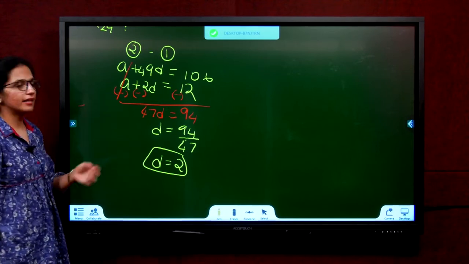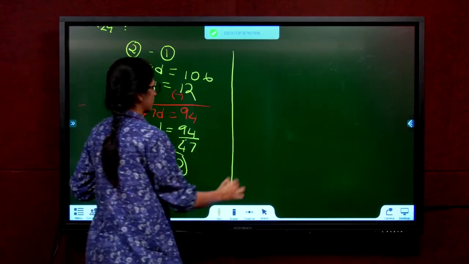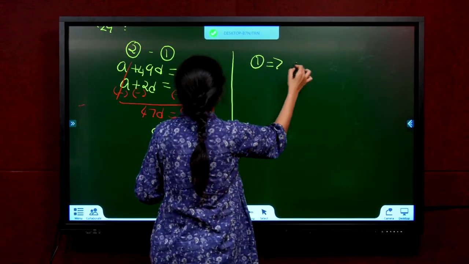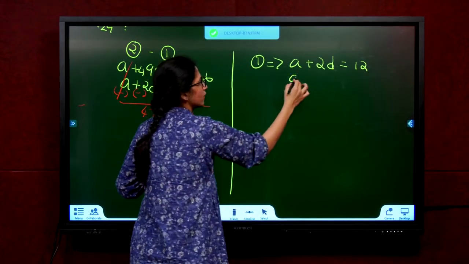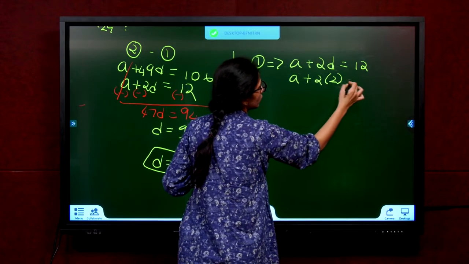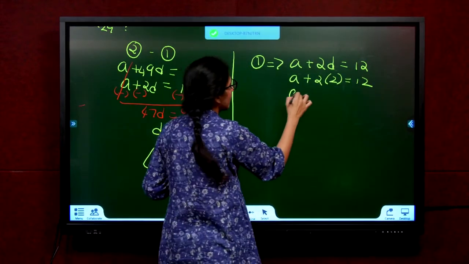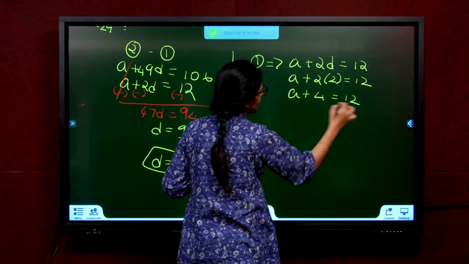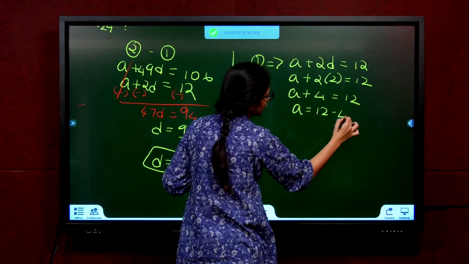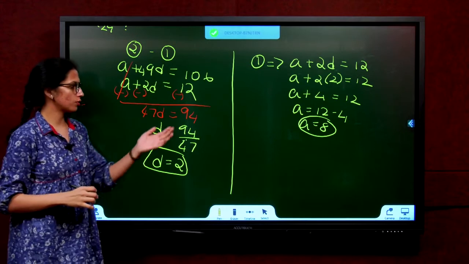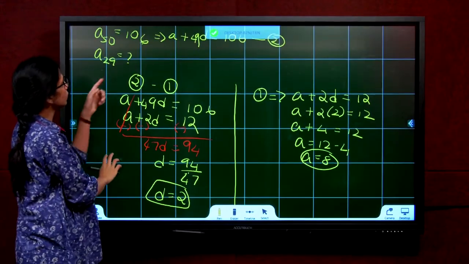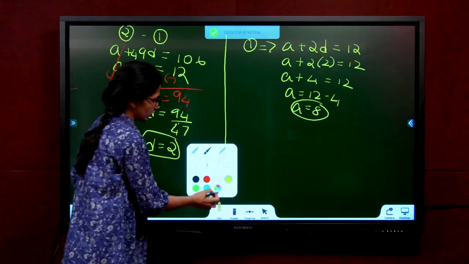Now, substitute in any one of the equations. I will substitute in 1. What was the equation 1? A plus 2D is 12. I am substituting the value of D here. 2 into 2 equals 12. A plus 4 is equal to 12. A is equal to 12 minus 4. A is equal to 8. So, you have D 2 and A 8. You want the 29th term. So, easy.